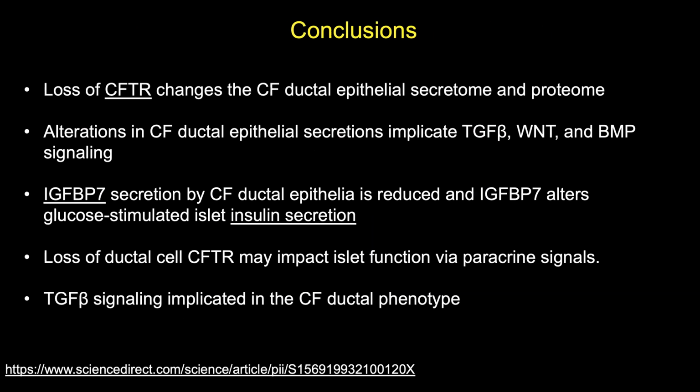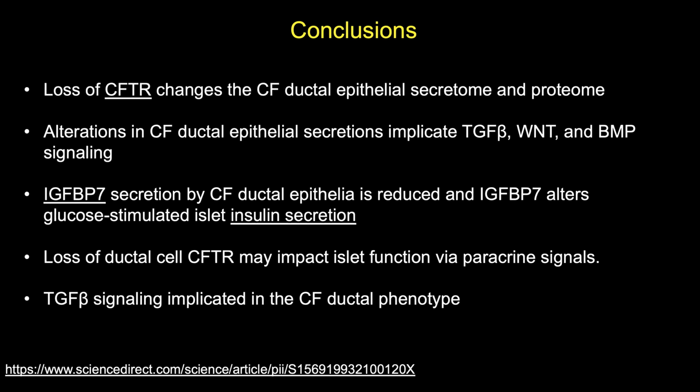Now, to conclude, loss of CFTR changes the CF ductal epithelial secretome and proteome. Second, alterations in the CF ductal epithelial secretion are potentially due to changes in TGF beta, Wnt, and BMP signaling.